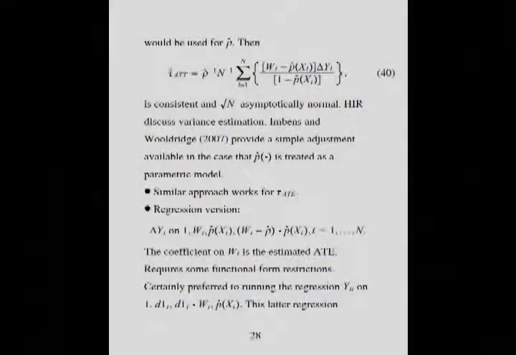Now, like I said, this is a formula that follows from earlier work. It's just derived now in a panel data context. Of course, instead of just using this estimator, regression adjustment can also be used in addition to this.